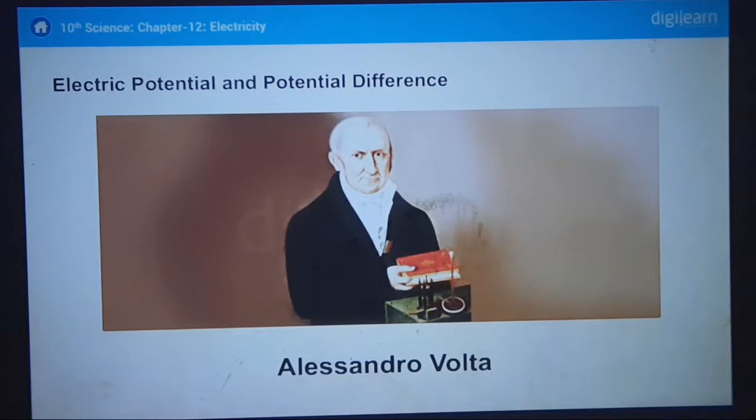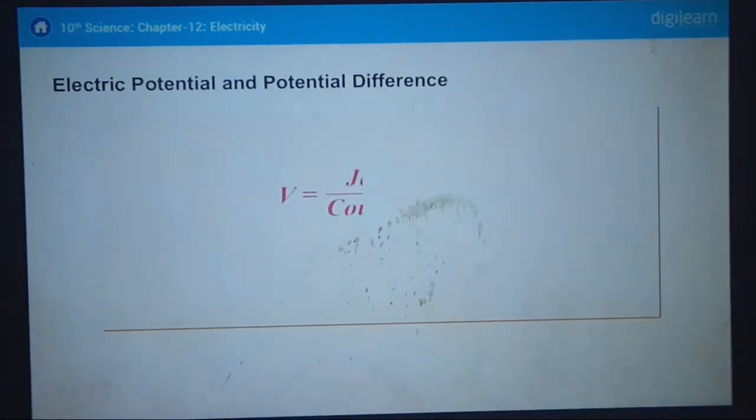SI unit of electric potential difference, voltage. The SI unit of electric potential difference is volt and denoted by letter V. This is named in honor of Italian physicist Alessandro Volta. V equal to joule by coulomb, that is equal to J by C, or V equal to J into C raised to minus 1.